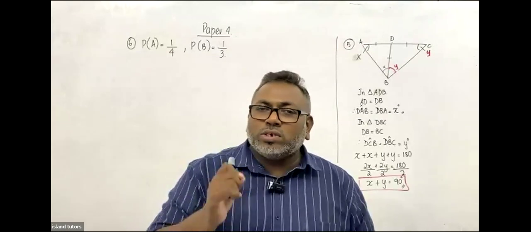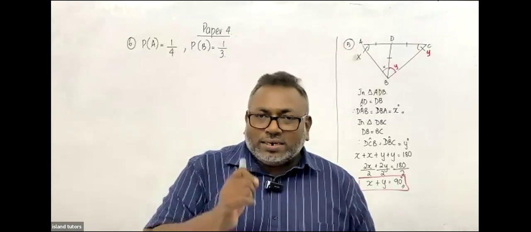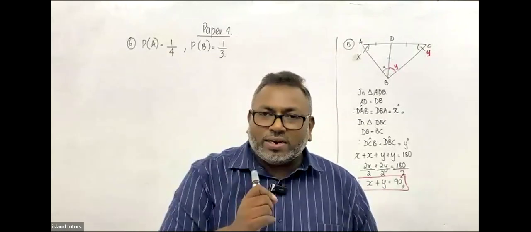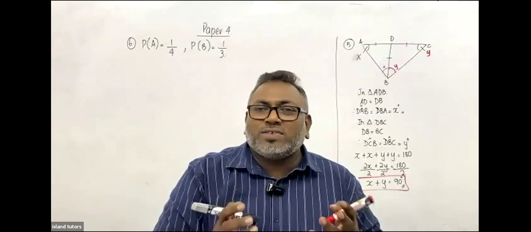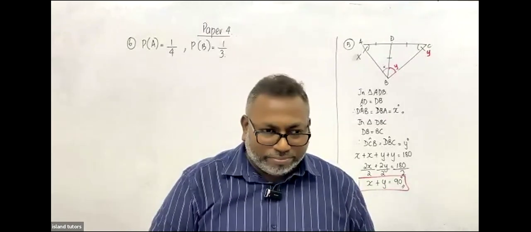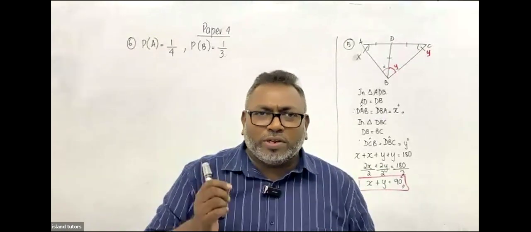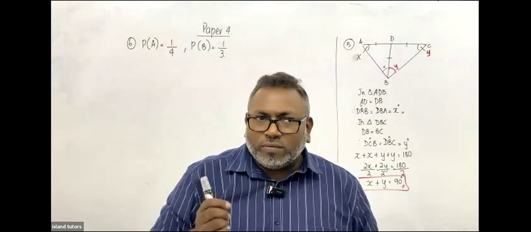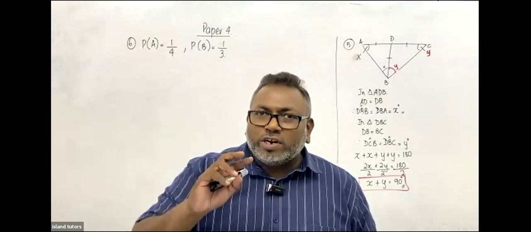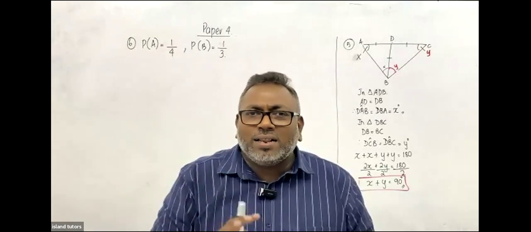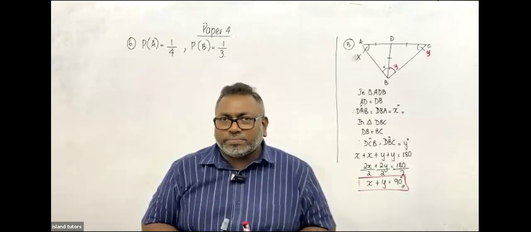A mutually exclusive event is when, at one particular event, both of these events will not occur at the same time. A good example: when you're flipping a coin, you will not get heads and tails at the same time.